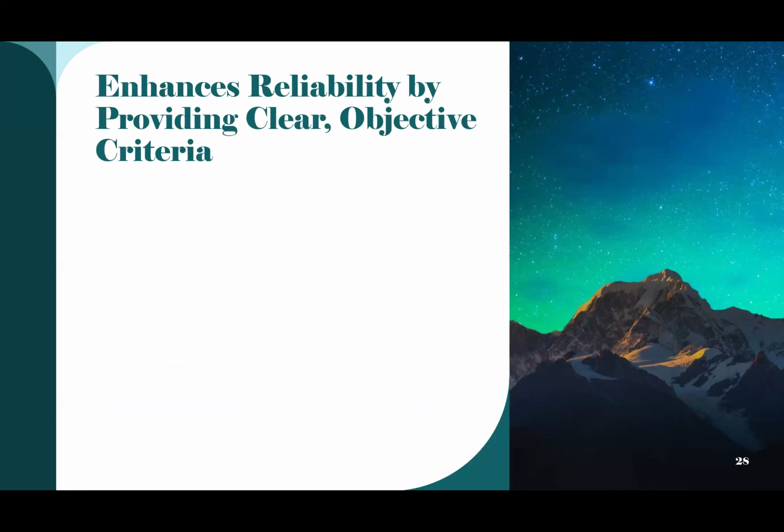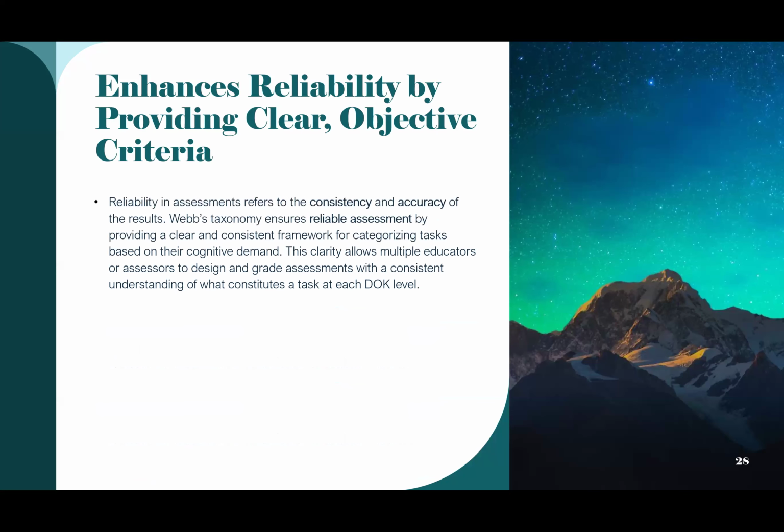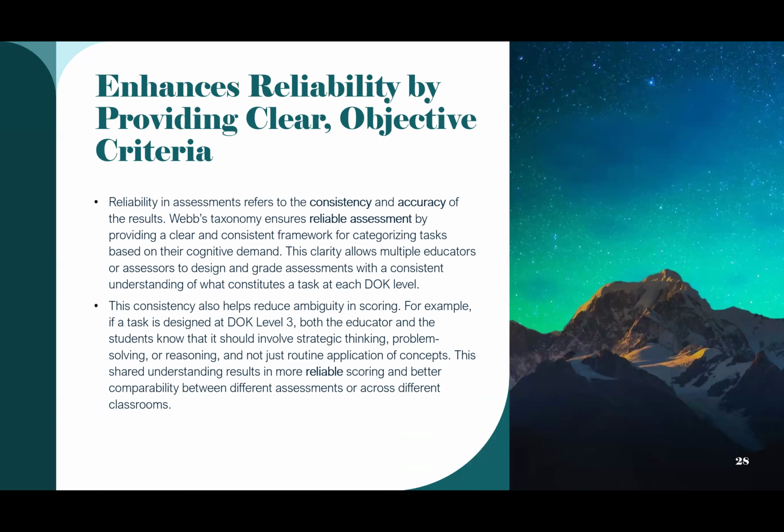Moving forward to talk about enhancing reliability. Reliability in assessments refers to the consistency and accuracy of the results. Webb's taxonomy ensures reliable assessment by providing a clear and consistent framework for categorizing tasks based on their cognitive demand.